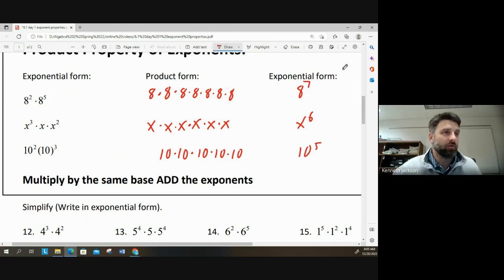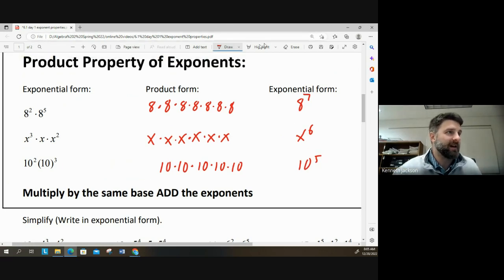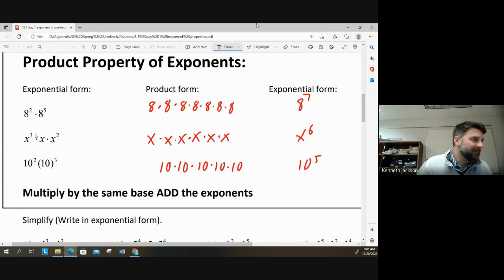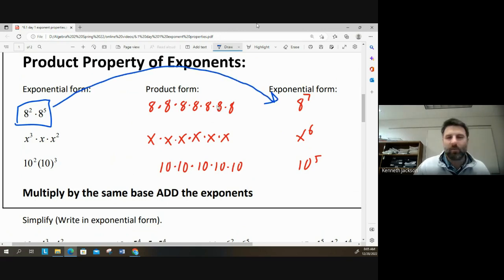So our first rule, the product property of exponents, is a simplified way to get from here all the way to here without having to write out all of the 8's. So do we see a way that I could get from x to the third times x squared to over here without actually writing all of them out?